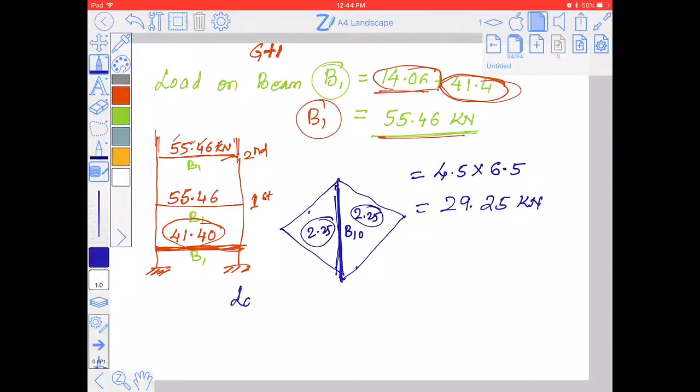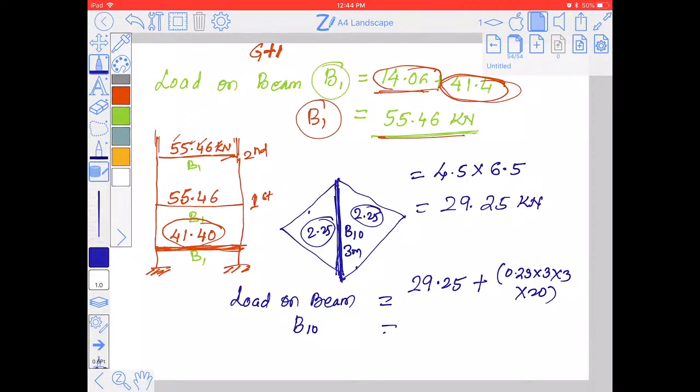The load on beam B10 is equal to how much? 29.25 plus the load from the wall. The wall is 3 meter. Load from the wall is equal to 0.23 into 3 into 3 into 20.